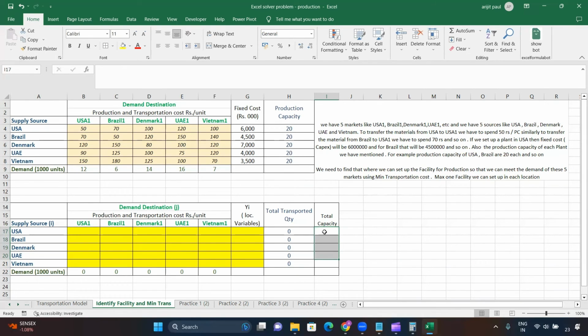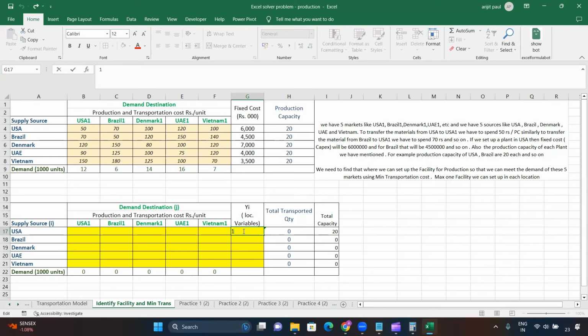So how are we going to determine the total capacity? This one, multiplied with the production capacity. If we set up the plant, for example in USA, then our capacity will become 20.